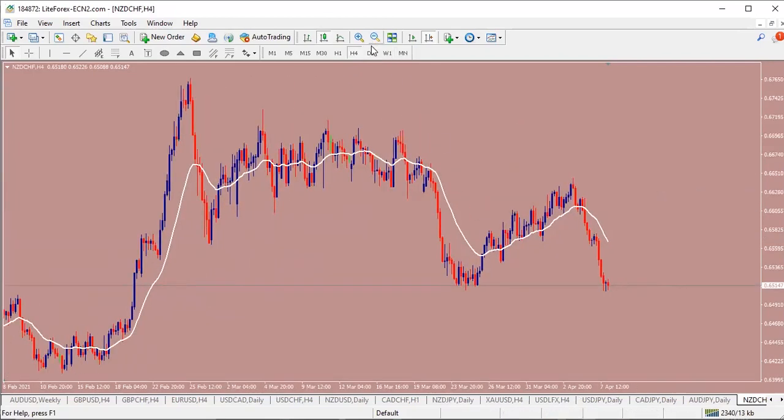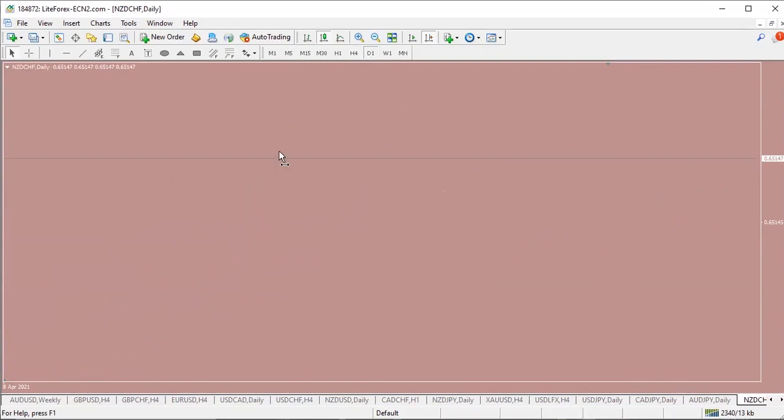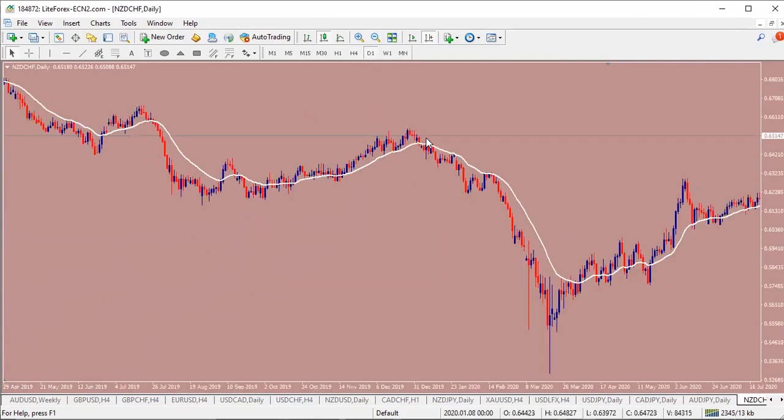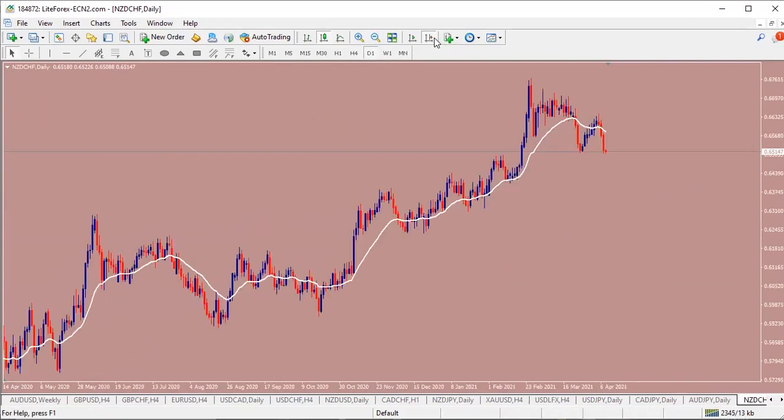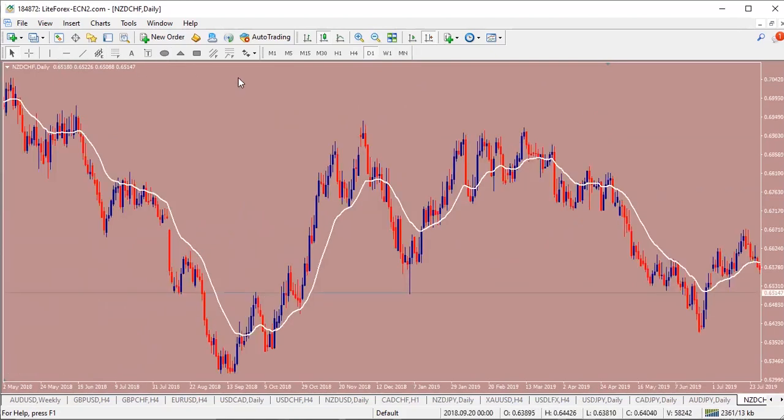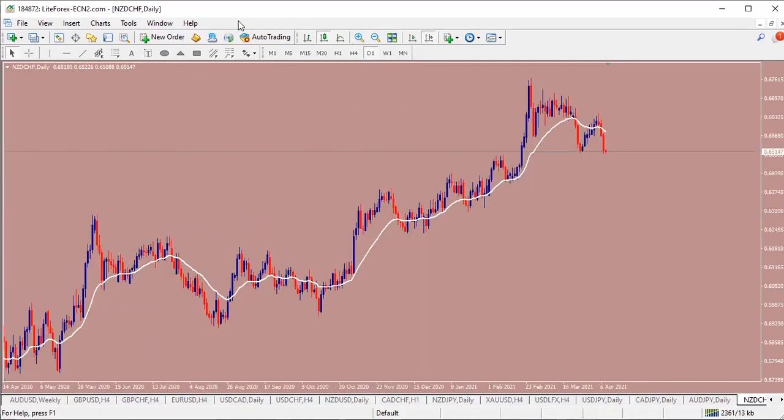All right, this is 4 hours. Now this is daily. Engineer, everybody, looking at this particular trade, price drops within 3 days from here to this place.